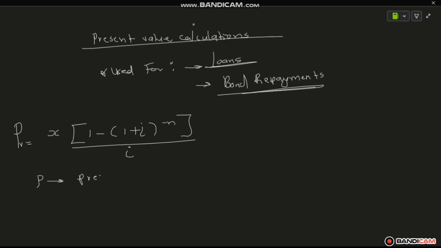So where P is the present value or the outstanding balance, then x is the value of the installments.